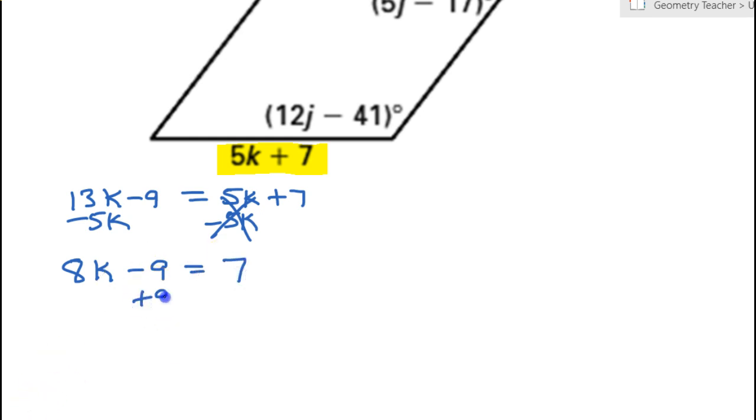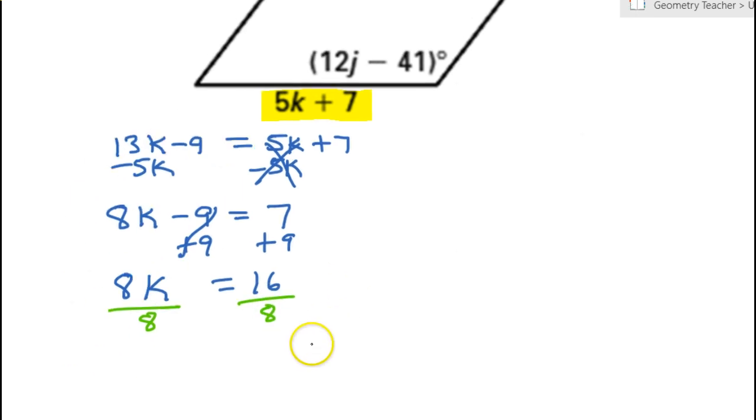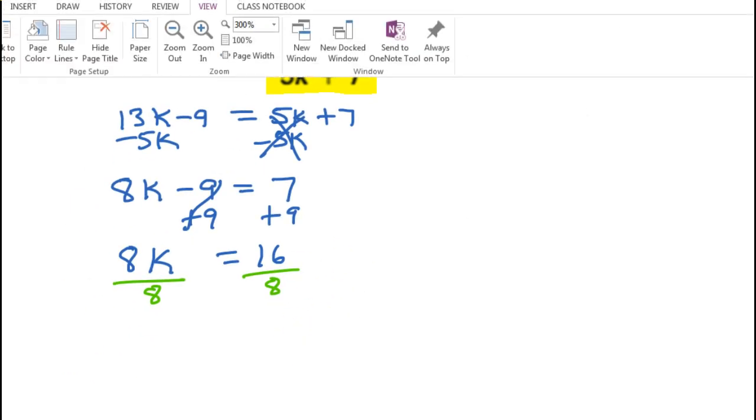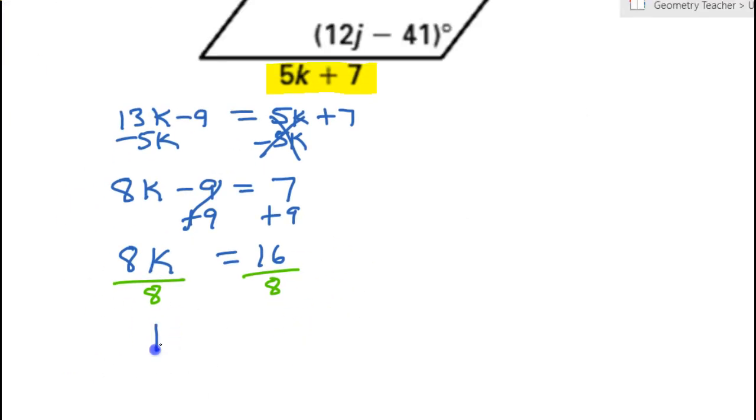And then of course I will add 9 to both sides. So that's going to give me 8k. These cancel. 8k is equal to 16. And then when I divide both sides by 8, I end up with k is equal to 2. So that's one of the values that I was supposed to find.